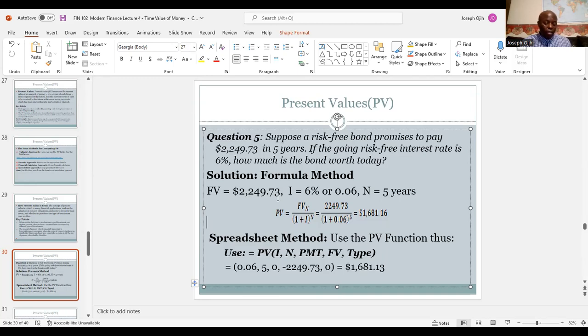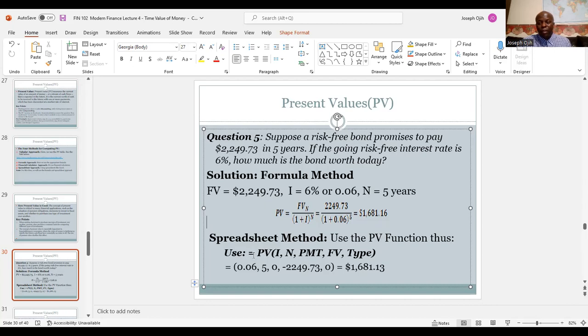Okay. We have interest as the rate is 6%. Time is 5 years. What else we need? Yeah, that's all we need, I believe. Payment. There's no payment until the bond matures, so we use 0 for payment. Then type, you will see the payment at the end of the period, so type will be 0. So you can see it here. This is the formula here. PV equals PV.